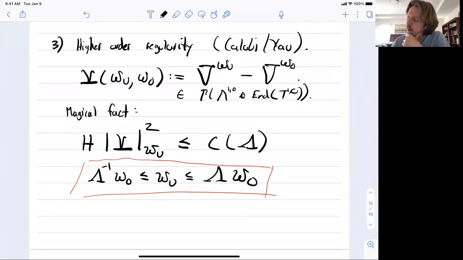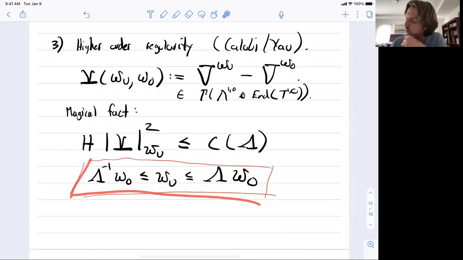A priori, one would expect all kinds of worse nonlinear terms on the right-hand side. But it turns out that when you apply the heat operator to it, it drops order in a sense, and you only see things involving the C0 data of the metric. I'm using the term C0 in a different way. In any case, it's just using this uniformity of the metrics.